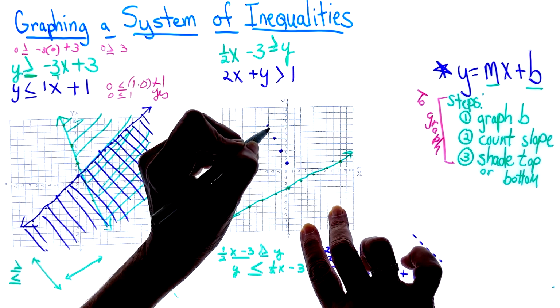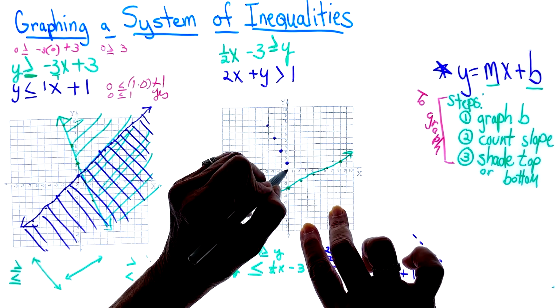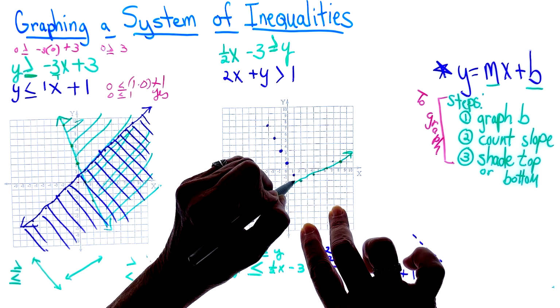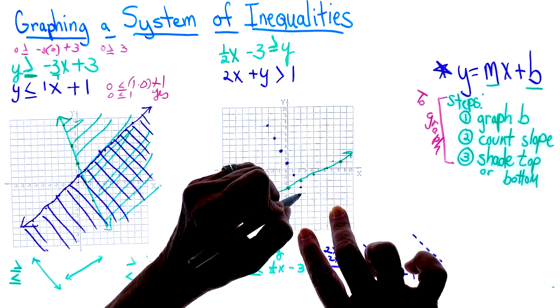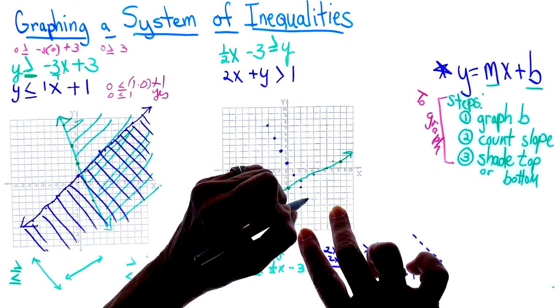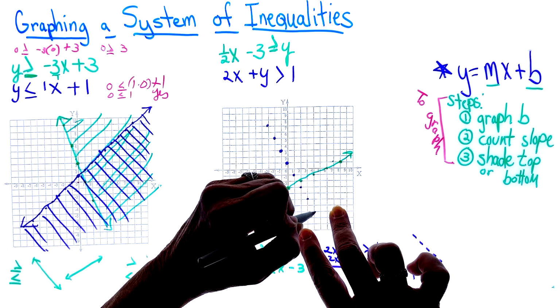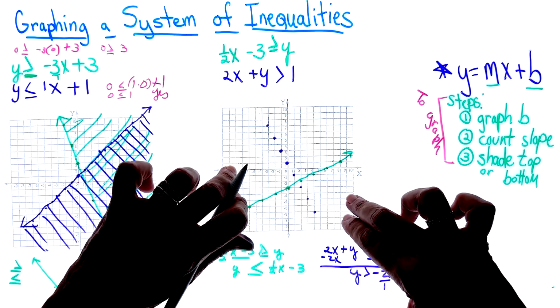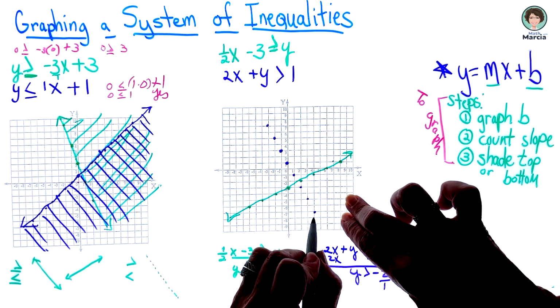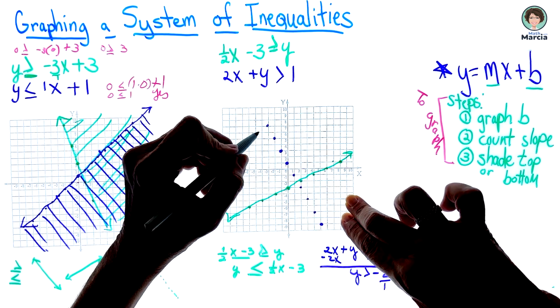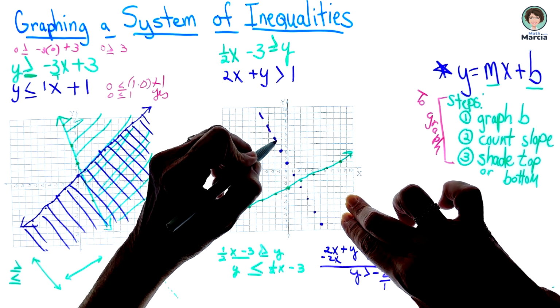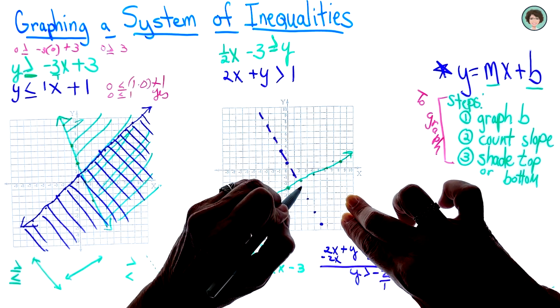Let's go the other direction. Down 2 over 1, down 2 over 1. Let's do one more. Down 2 over 1. When I'm drawing my line, remember, it must be broken.